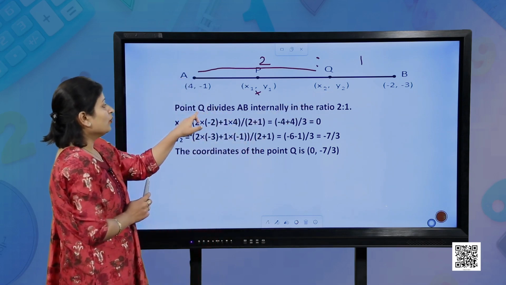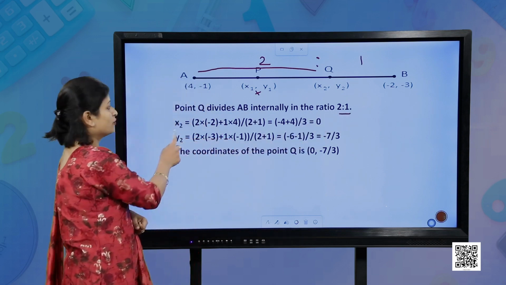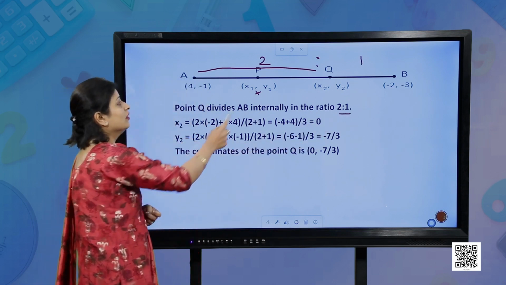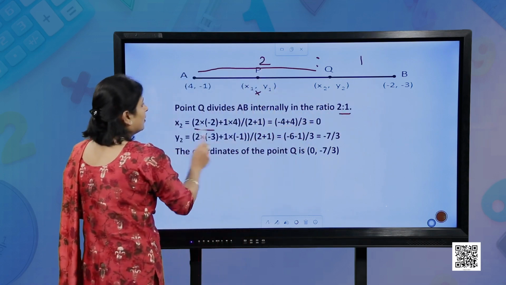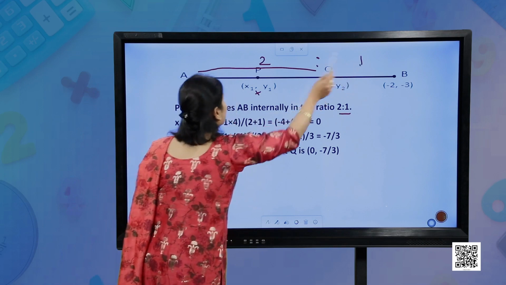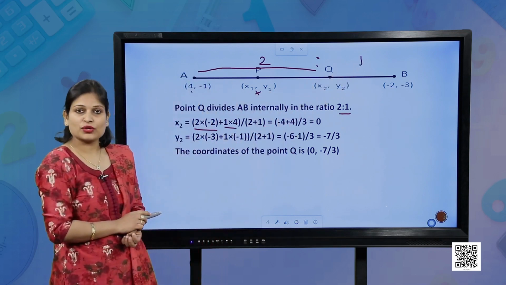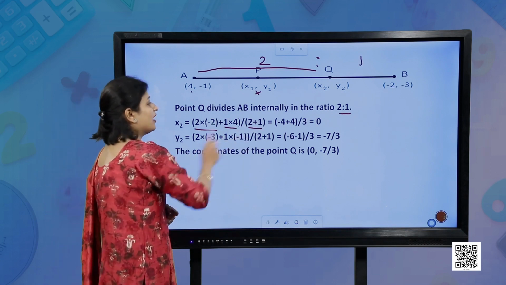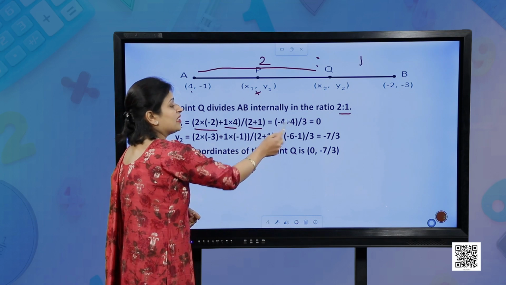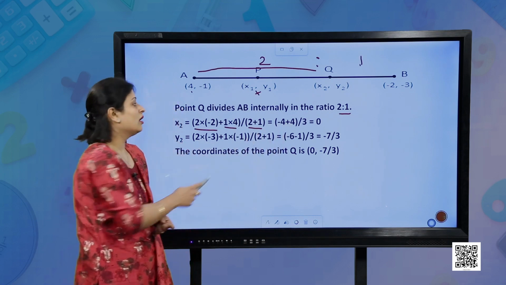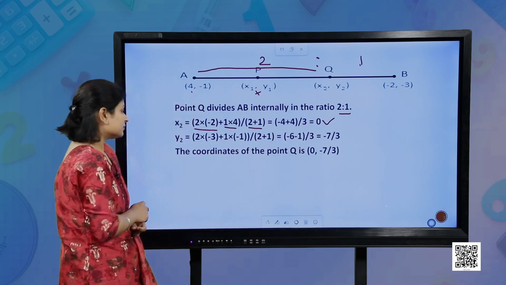Now, point Q divides AB internally in the ratio 2:1. So, for x2, what will you get? 2 into -2 plus 1 into 4 divided by the sum of the ratios, which is 2 plus 1. What will you get after solving? -4 plus 4 in the numerator divided by 3, you will get 0.